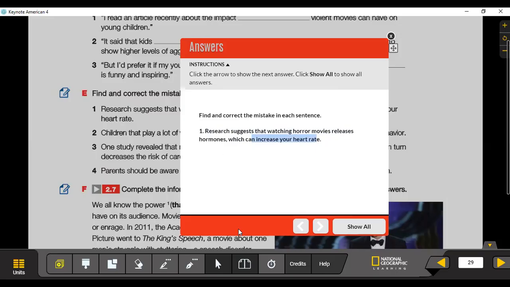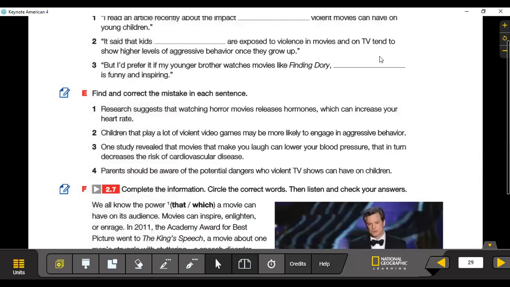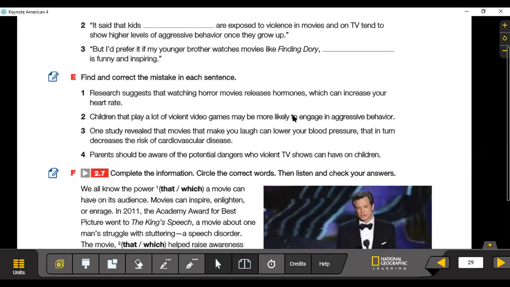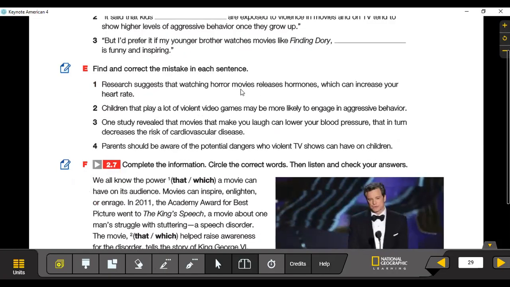So the mistake is which, and the correct one is that. So what I want you to do is please read number 2, 3, 4, and put the correct relative clause. Then we're going to check all of the sentences together.